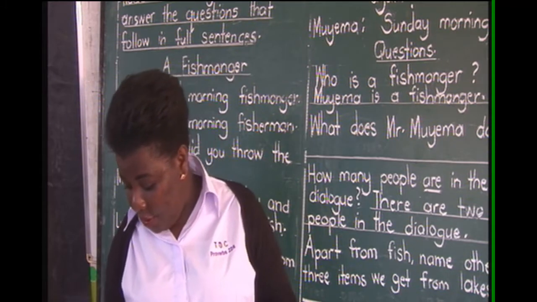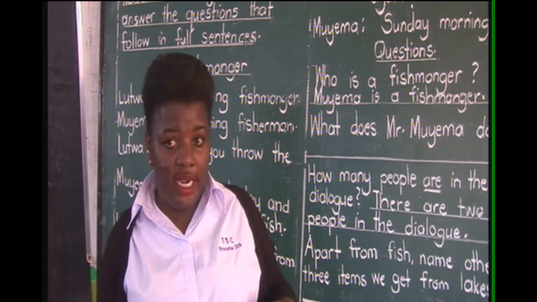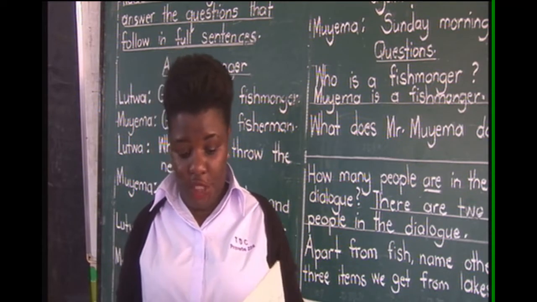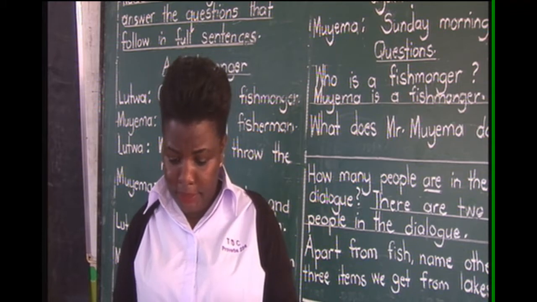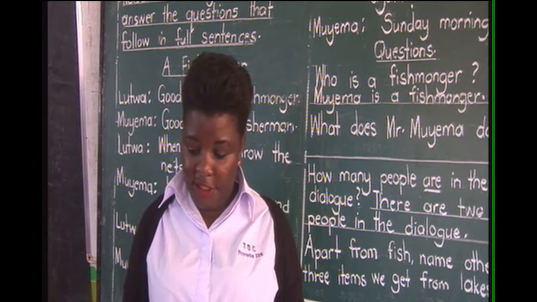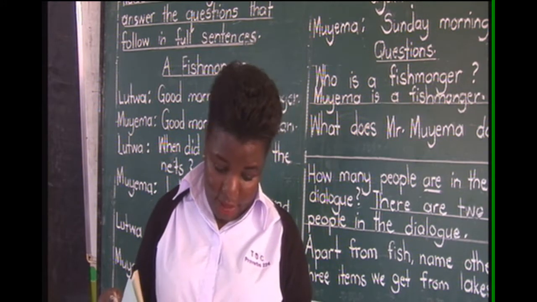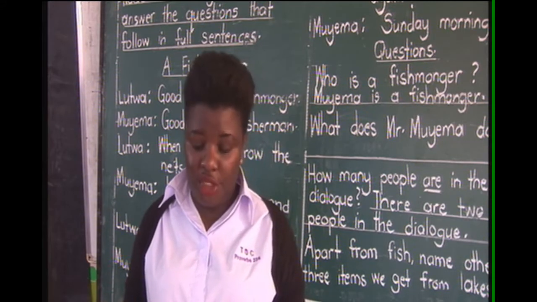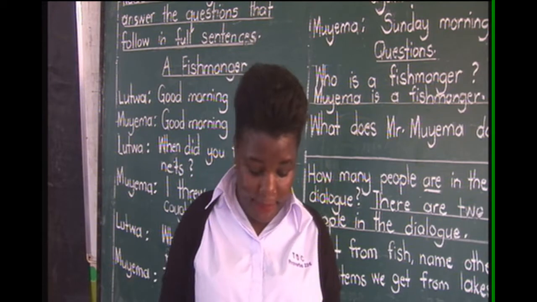Those two words confuse people. We have a fishmonger and then a fisherman. Like I told you, a fishmonger sells fish, okay? And then a fisherman catches fish. So here they are talking about a person who sells fish, that is a fishmonger.